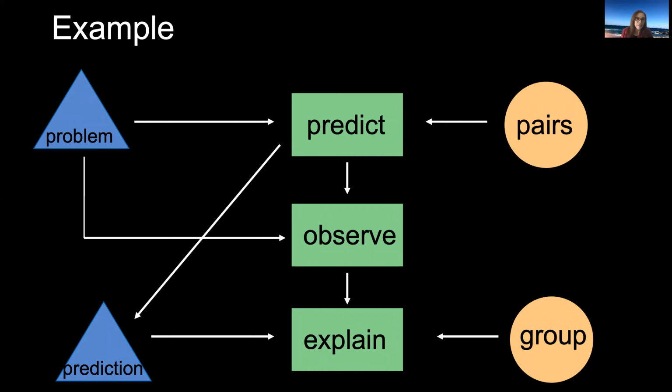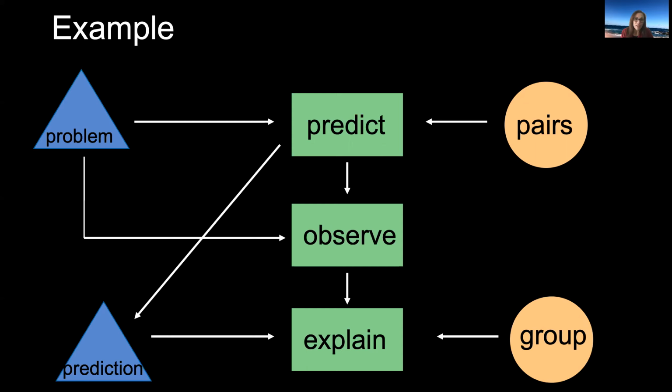So here is an example of a learning task. This is an example of a series of tasks that ask students to firstly predict a situation, then observe a situation, and then explain. And so on the left are the resources to help the student with that task. So you'll see that the student's given a problem of which they then need to predict what's going to happen.